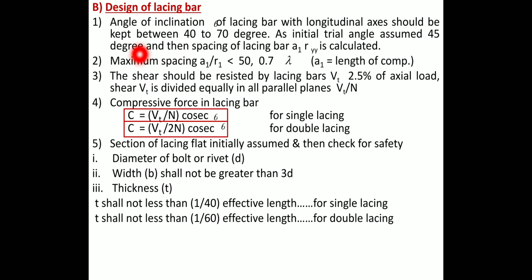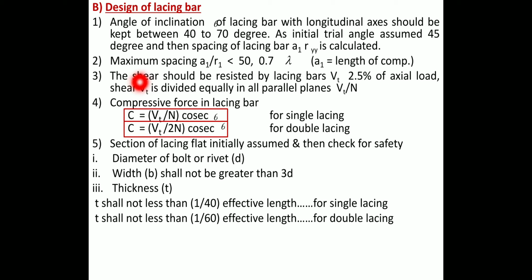It should be kept between 40 degrees and 70 degrees, in the range of 40 to 70 degrees. As an initial trial, assume the angle as 45 degrees. Then the spacing of the lacing bar, a1, and r_y, the radius of gyration about the y axis, is calculated.